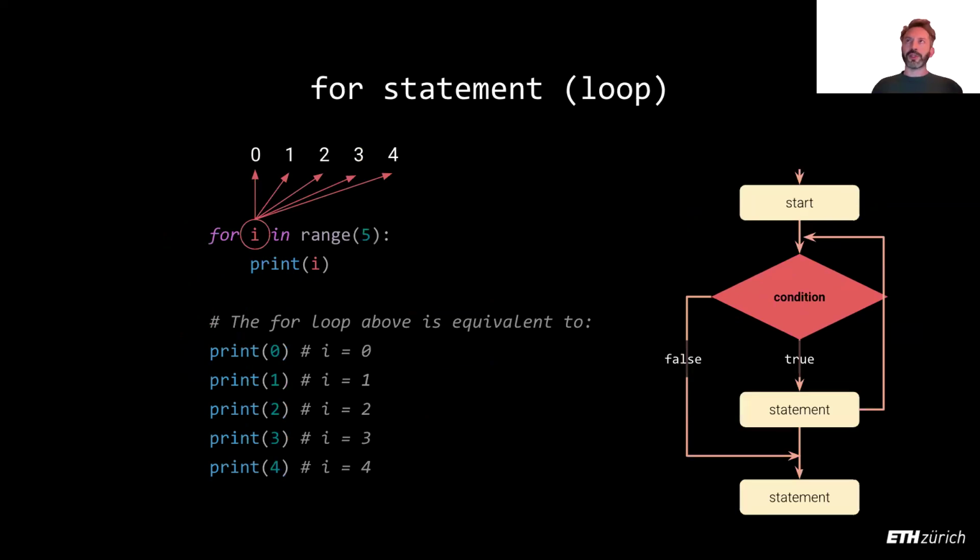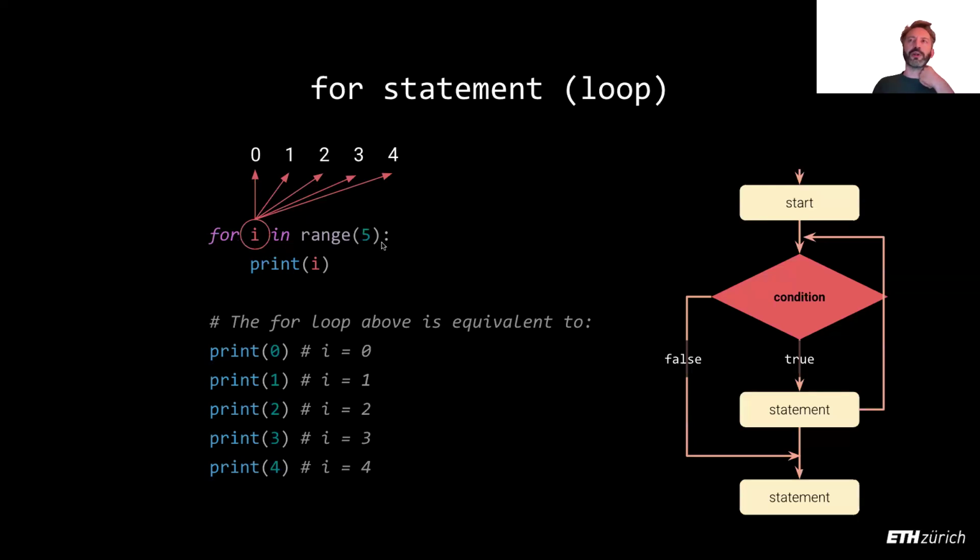Then we have the for statements, the loop statements, which I mentioned already. We can say for, and then we assign a variable name. This is up to us. We can name this anything. If we are iterating over a range, which is a very typical operation, we can use a single letter variable like i or j, especially, or if we iterate over X, Y, Z coordinates, we might call these x, y, and z.